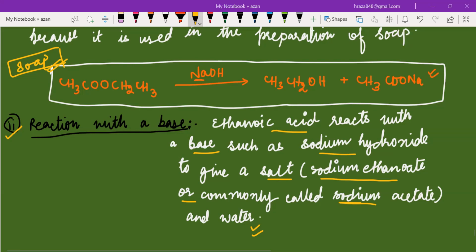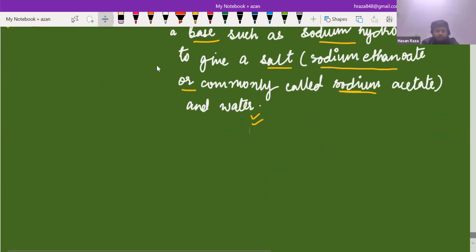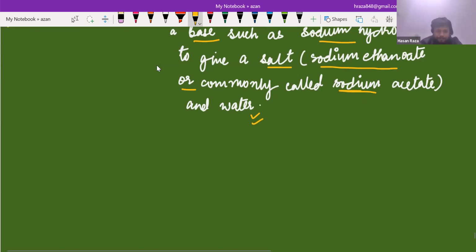Very good. Now see, I'm going to show you the reaction. You're going to take ethanoic acid, so this is your ethanoic acid, and you are going to react this with NaOH.